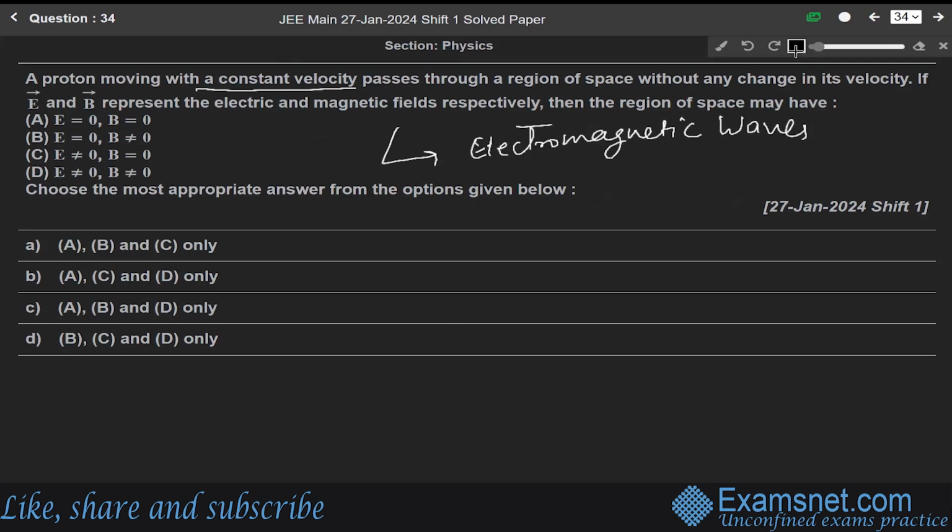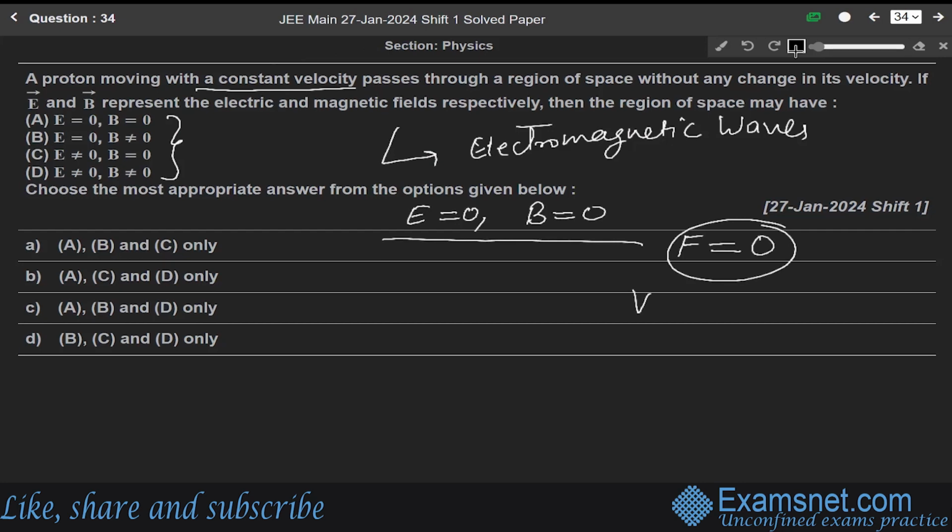Now, according to this question, there are 4 statements given. The first statement is E equals 0, B equals 0. So students, whenever the electric field becomes 0 or magnetic field becomes 0 in a given region of space, then there will be no force. If there is no force, then the velocity will be constant. So this statement is correct.